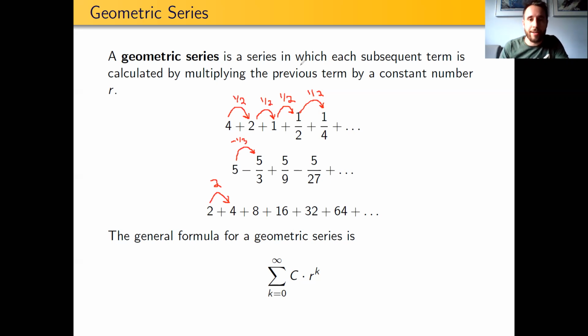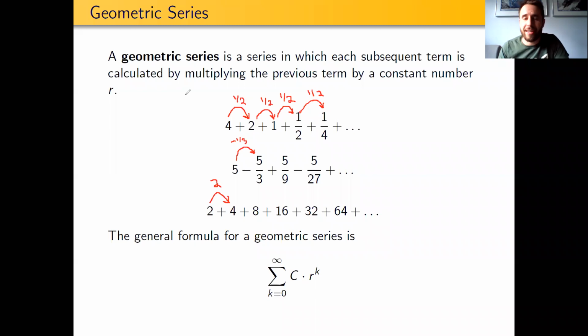So here, I just want to highlight a few things. The c is just going to be some constant. r is our constant that is the common ratio from one term to the next. So here r was 1/2, here r was negative 1/3, here r was 2. That's our r value. So c is some constant, r is that ratio constant, and k is what we see down here that's being allowed to range from 0 to infinity.